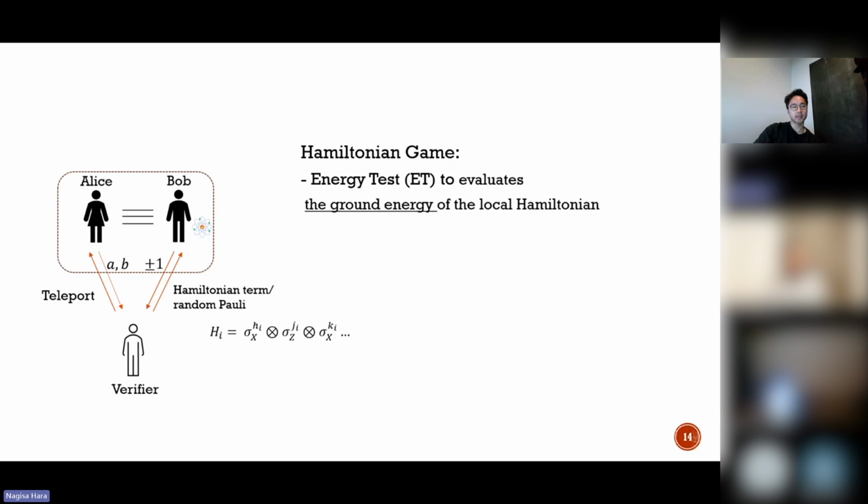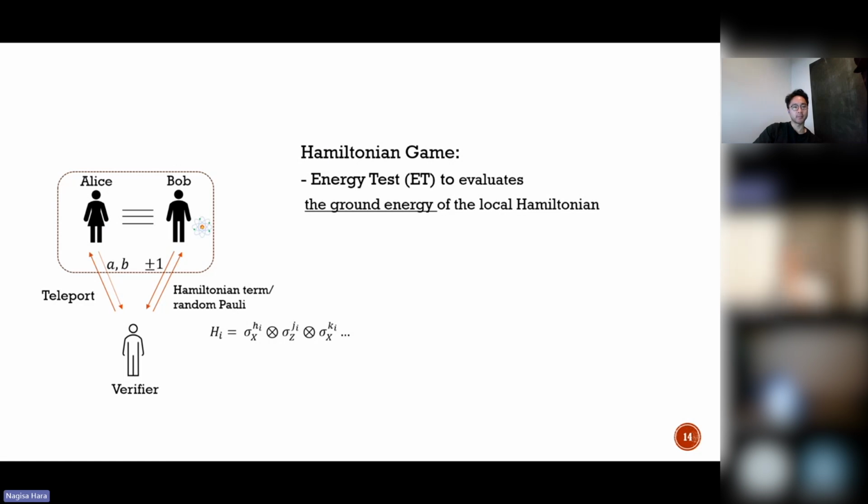Next, the verifier sends Bob a randomly chosen Hamiltonian term. Since each Hamiltonian term is a tensor product of Pauli X and Z, the query must look like this, and then Bob performs the Pauli measurement accordingly on the private register.